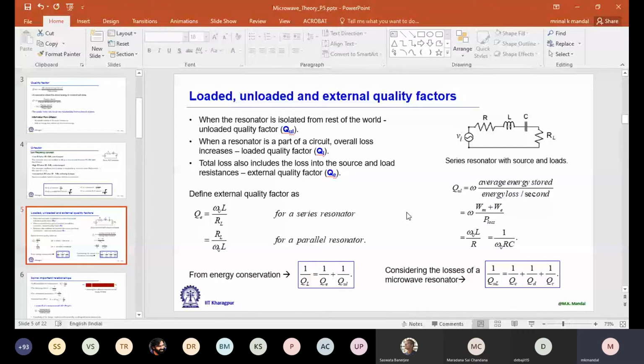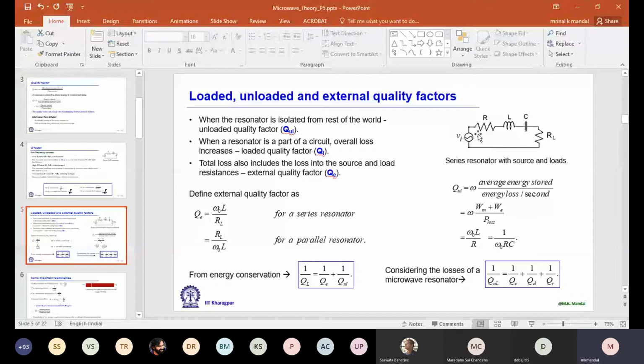Now, how the resonator interacts with the circuit, we represent in terms of external quality factor. So it basically represents the loss into the source or load. Here I'm showing one example on the right hand side. We have an RLC resonator.